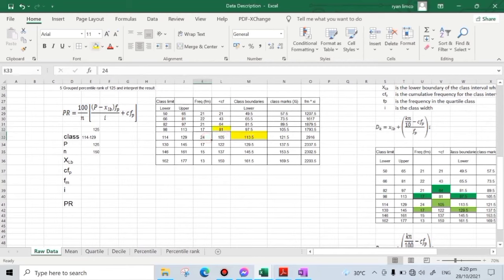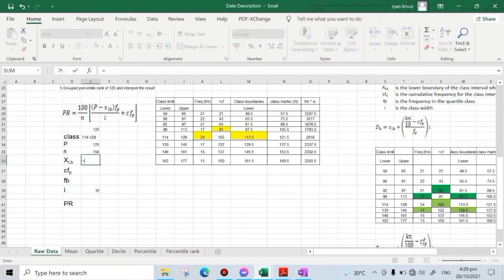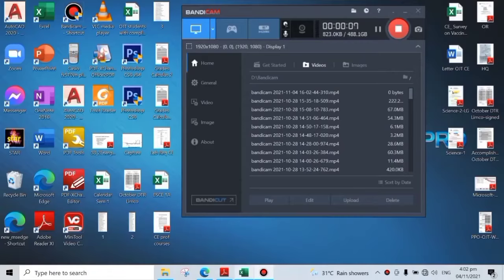And this is the frequency, 24. So our interval is 16. Our XLB is 113.5 and our CFP is 81. Our frequency is 24.